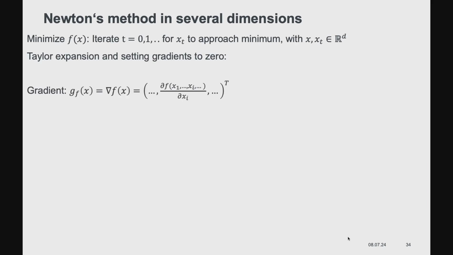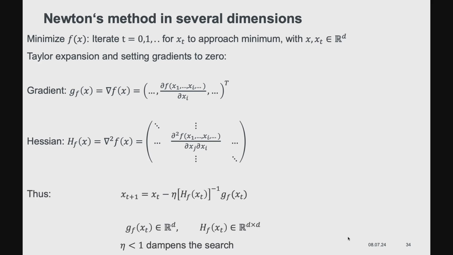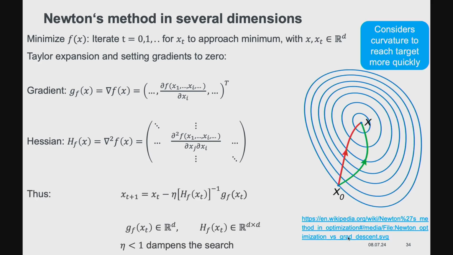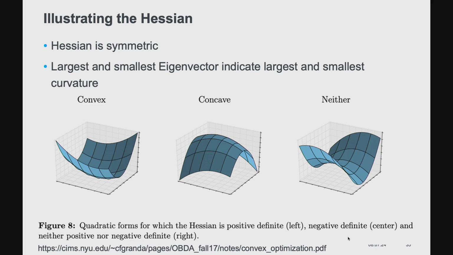And of course, this also works in several dimensions. Only then the picture gets a bit more complicated, as the gradient constitutes a vector and the second derivative is the Hessian, which constitutes a matrix. We mentioned briefly that this may lead faster to the desired optimum than just using the gradient.